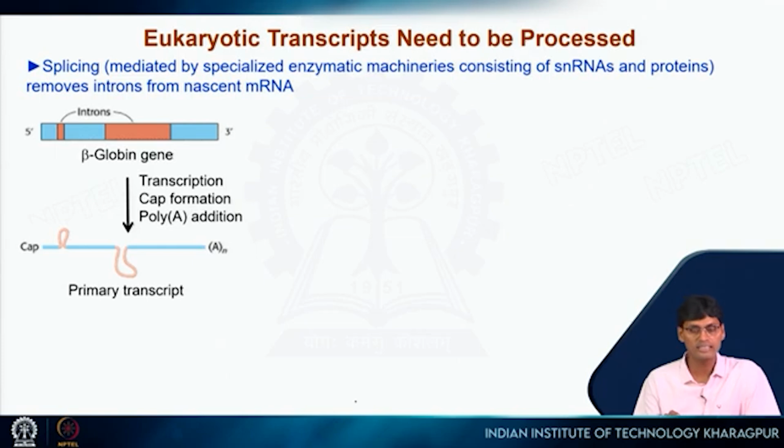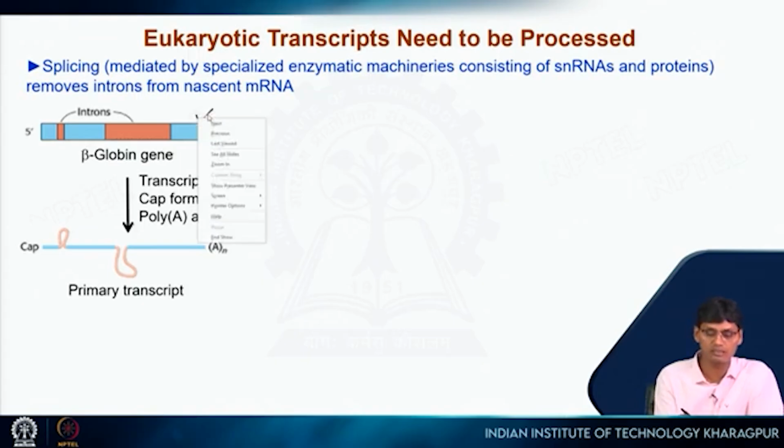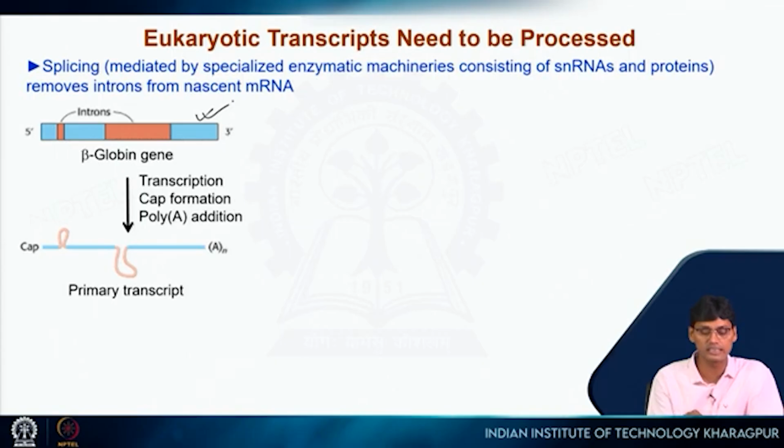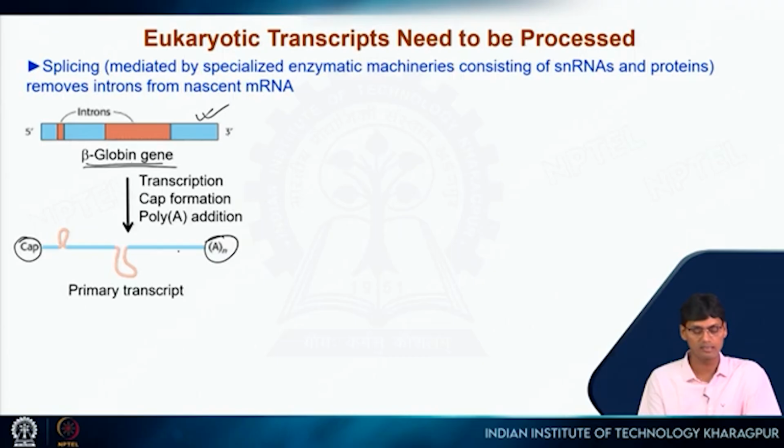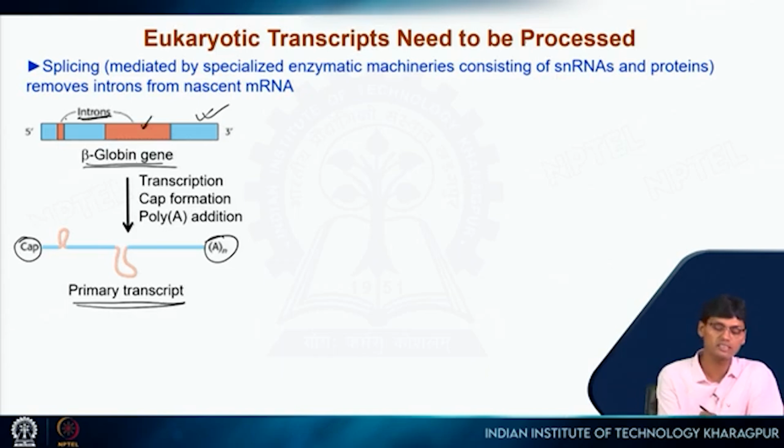So, here, when we are getting the mRNA from this gene, this is DNA, this is the gene, the beta globin gene for example, and this is RNA. Here as you can see we have the 5 prime cap and 3 prime poly-A tail, and this is called the primary transcript. It is not yet processed, meaning some portion of this gene, which is called intron, this is intron, right, should be removed.